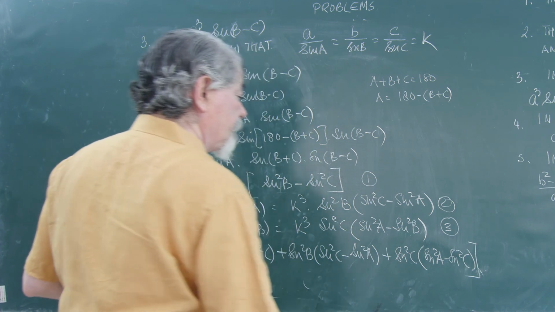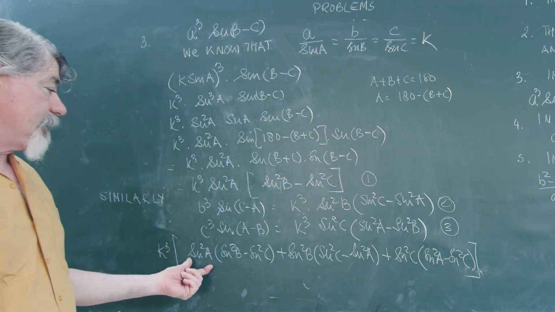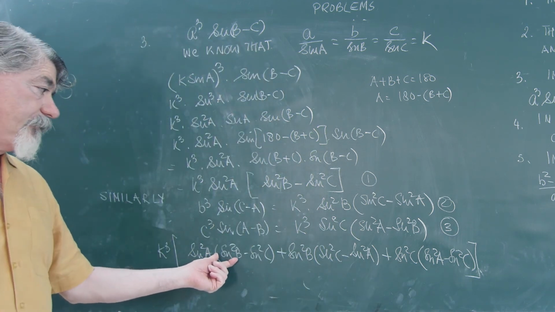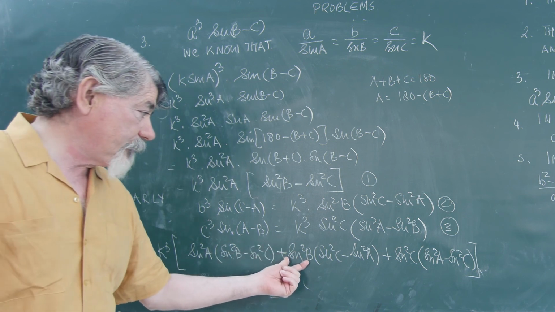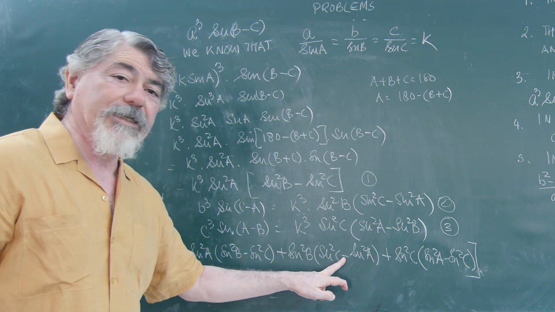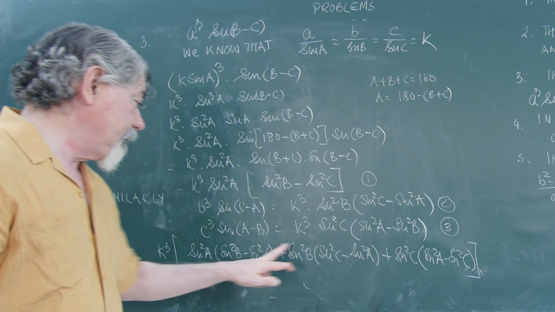If you will observe them, if you will multiply, sine square A sine square B will come here. Here sine square B sine square A with a negative sign will come. So they will cancel.